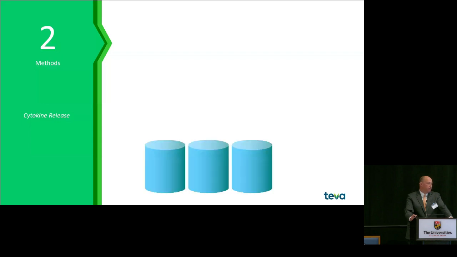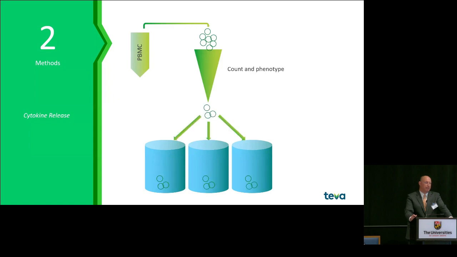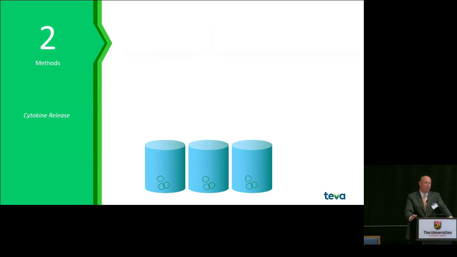And to visualize what this looks like, we have, again, our 96-well plate. We have our PBMCs, they're thawed. We will count and phenotype those PBMCs and then plate them into each of the wells. And then we will again expose our wells to each of the reference product, the drug product itself, or the various positive controls.